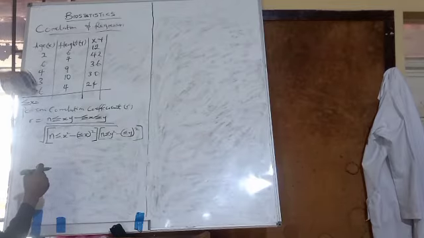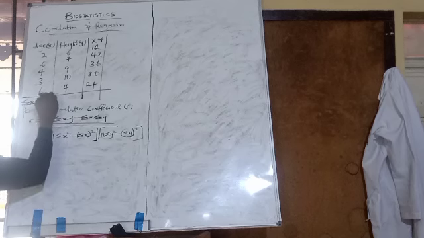Here, remember we are using sigma. Sigma means summation, that is the total. So we do the sigma s here, which is the sum of this one. So we say 2 plus 6 plus 4 plus 3 plus 6. This will give us 21.